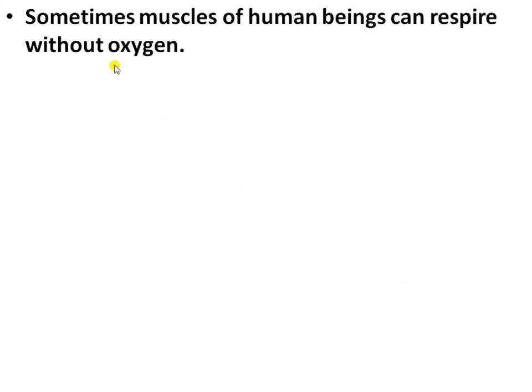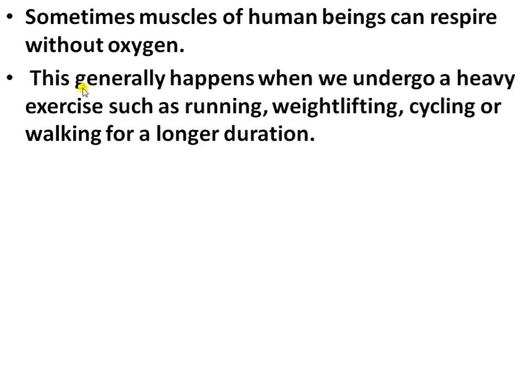Next is the third question, anaerobic respiration in human beings. Sometimes the muscles of human beings can respire without oxygen. This generally happens when we undergo heavy exercise such as running, weightlifting, cycling or walking for a longer duration.